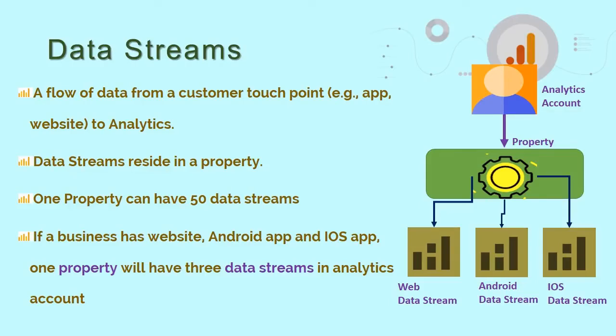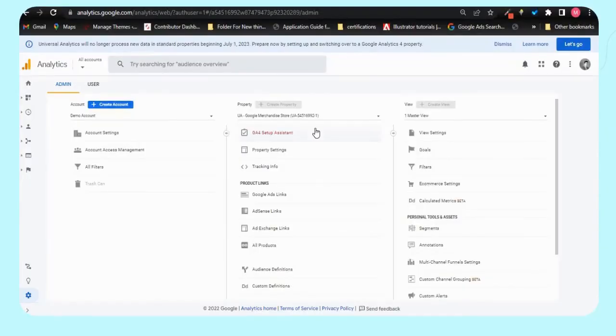Let's have a look at data streams in the Google Analytics demo account. Under property, click the drop down and select the Universal Analytics property for Google Merchandise Store. You can see there are no data streams in the Universal Analytics property for Google Merchandise Store, because Universal Analytics used a unique property for app, website, or any other source of data.